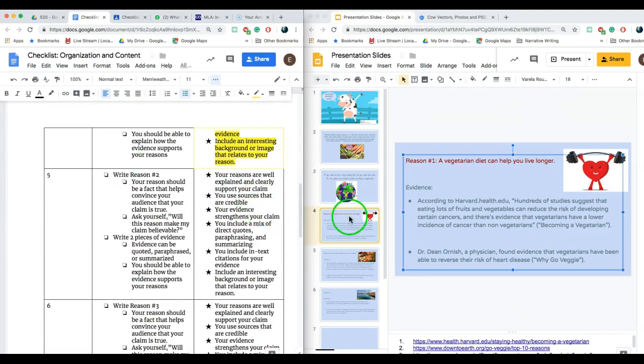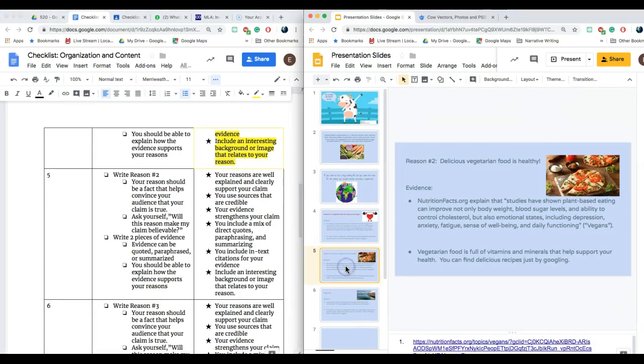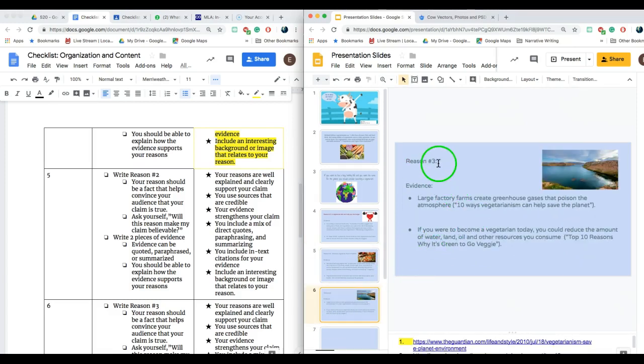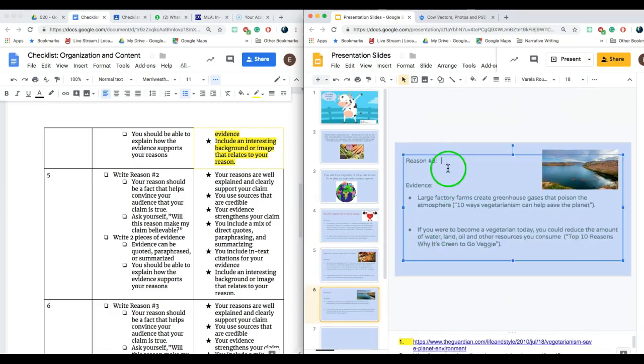Okay, so reason number 2 and reason number 3 are basically the same. Oh, I forgot to put reason number 3 here. So my reason number 3 is vegetarian diets help keep the planet healthy.